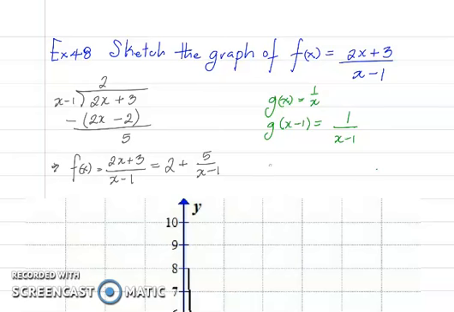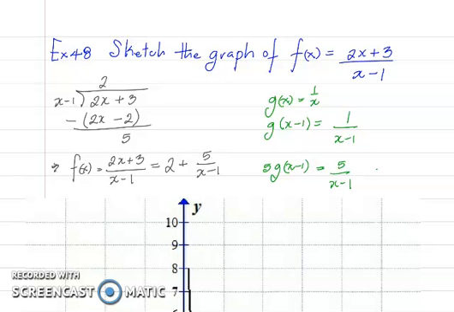Now 5 times g of x minus 1 will be the same as saying 5 over x minus 1. Now that would be a vertical stretch of factor 5. And that simply means that whatever point I have on g of x minus 1, I'm going to keep the x coordinate the same and multiply the y coordinate by 5.